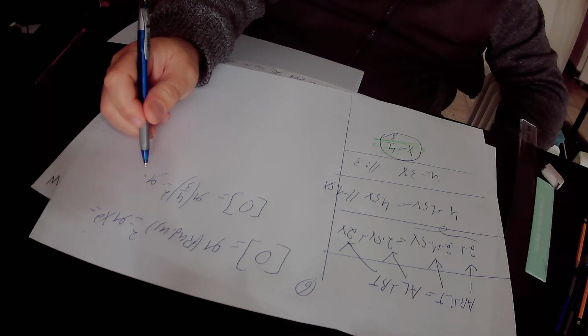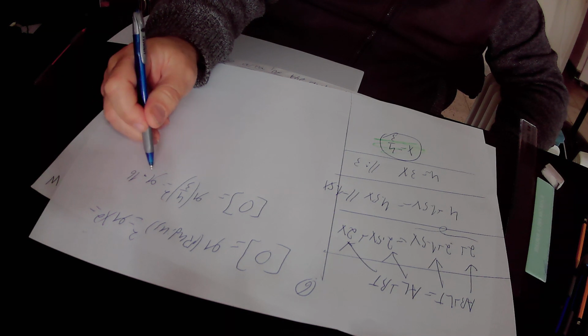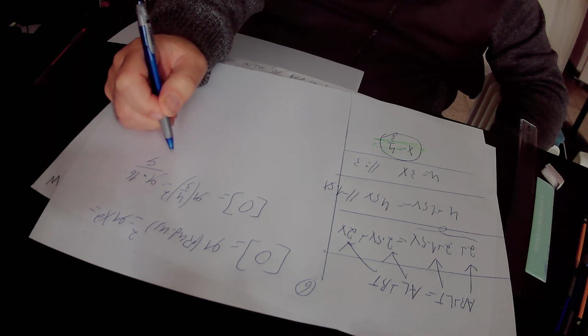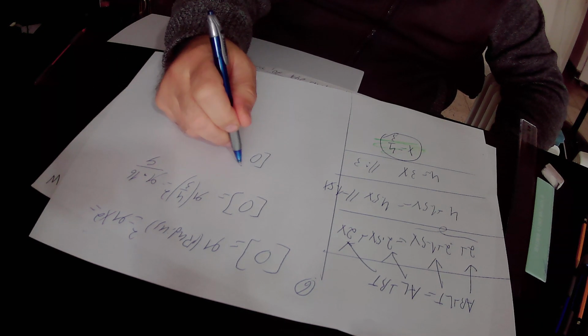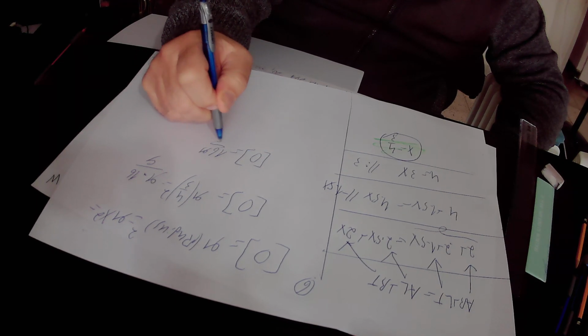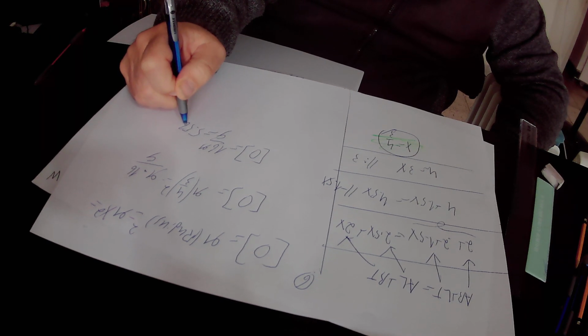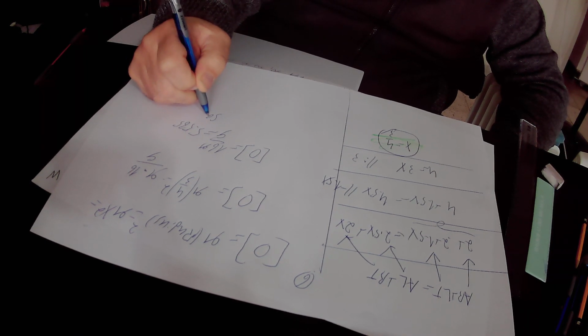4 over 3 squared equals 4 squared, that is 16, over 3 squared, that is 9. So in conclusion, the area of our circle equals either 16 pi over 9 square units, or in terms of numbers, 5.585 square units.